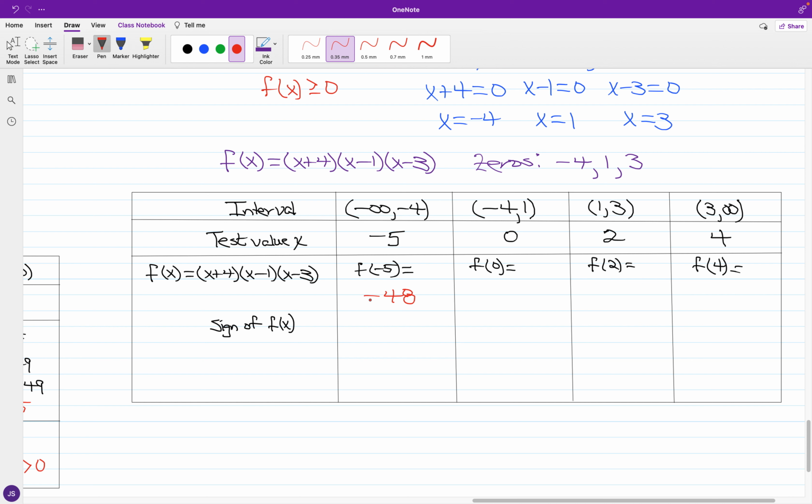For f of 0, we have 4 times -1 is -4, times -3, which will come out to a positive 12. For the input value 2 for x, the output f of 2 will come out to a -6. And with the input at 4, we have the output f of 4 to come out to a positive 24.